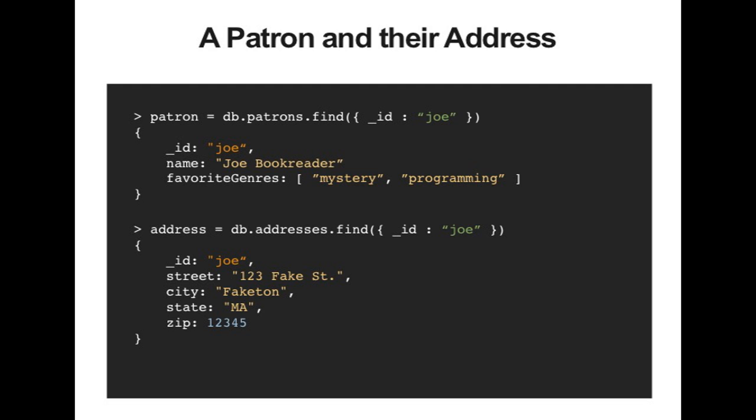Now, one of the things I do want to introduce very early on is that there's a list of favorite genres that's been set up here in the patrons collection. So I'm guilty of my own, there it is, prophecy fulfilled. That favorite genres element is a list of strings. It is not a semicolon delimited string or commas or any other sort of encoding.